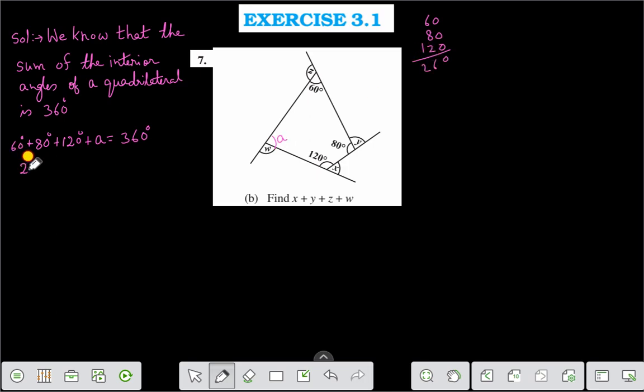Therefore 260 degrees plus a is equal to 360 degrees, or the value of a is equal to 360 degrees minus 260 degrees. Therefore the value of a is equal to 100 degrees.